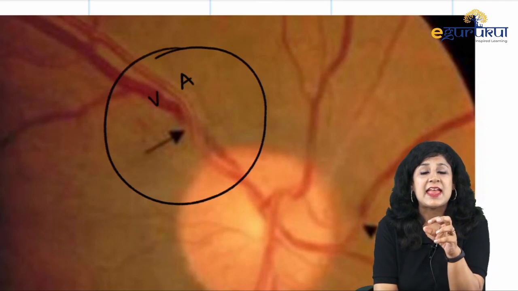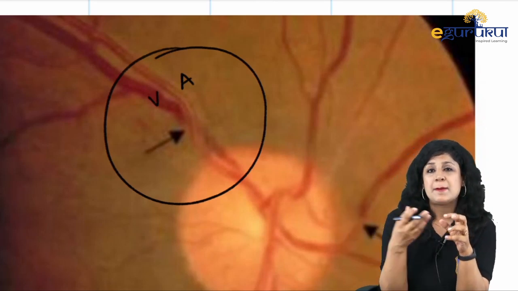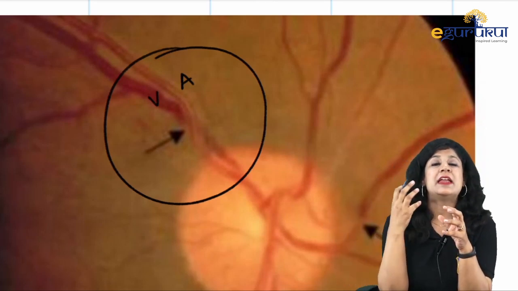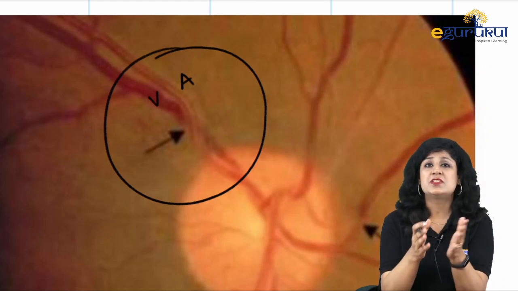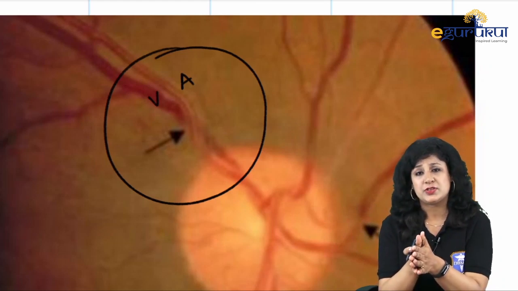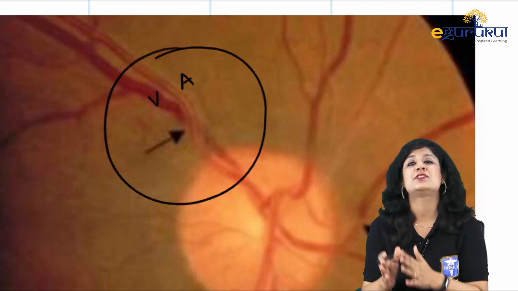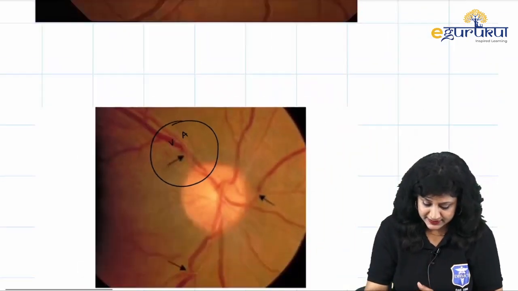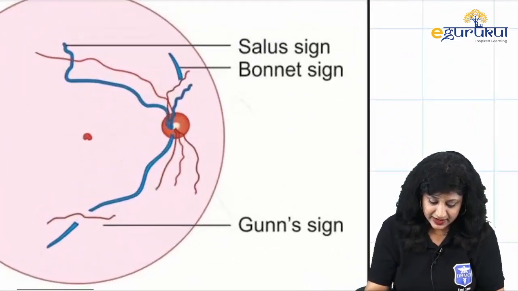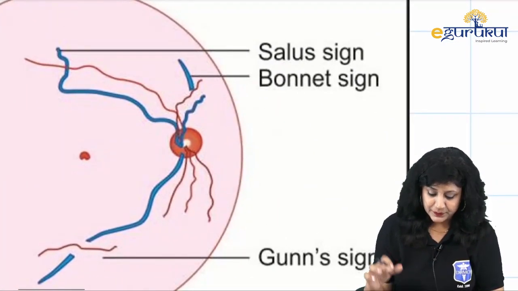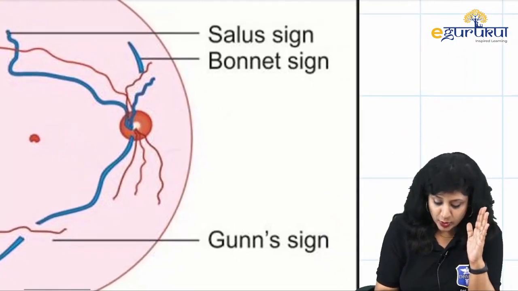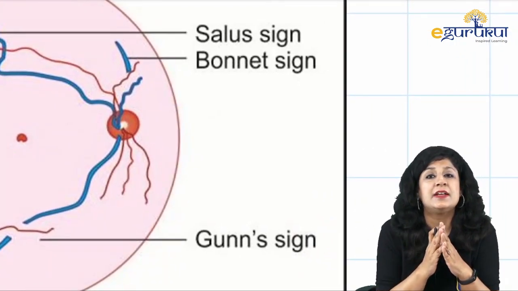So, when we are getting the tapering of the veins, tapering means deflection. If I am getting the deflection of these veins with respect to these AV crossings, then we have the different signs of hypertensive retinopathy. For example, let us take this one. If you see, we have three important signs in hypertensive retinopathy.